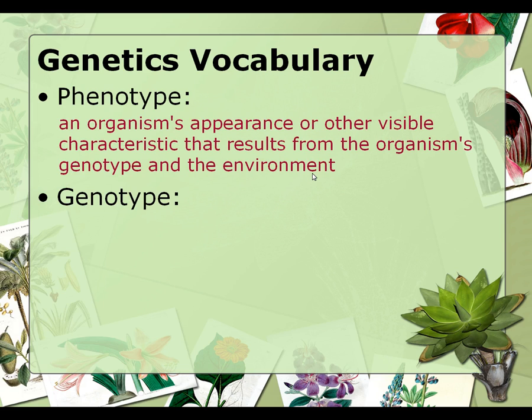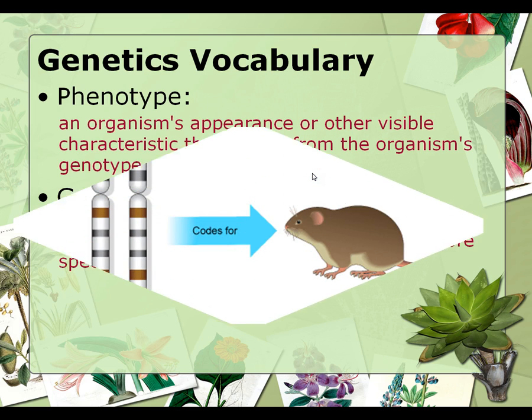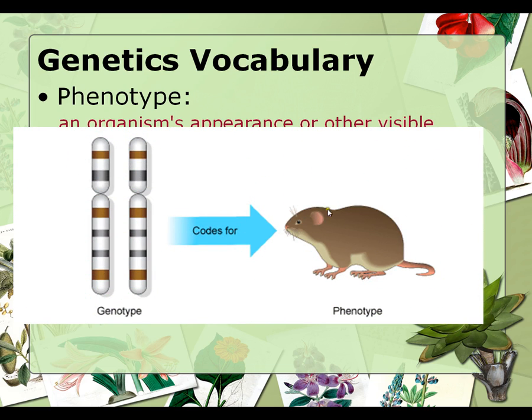So that's phenotype, what you actually look like. Your genotype are the actual genes you inherited from your parents. Remember, your genotype codes for your phenotype. The genes that you received from your parents determine what you look like.